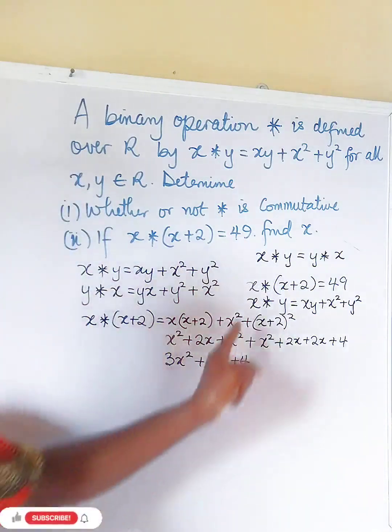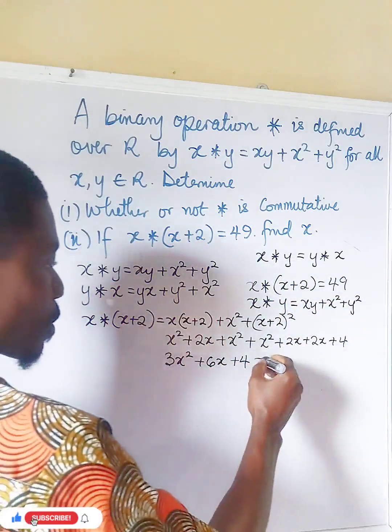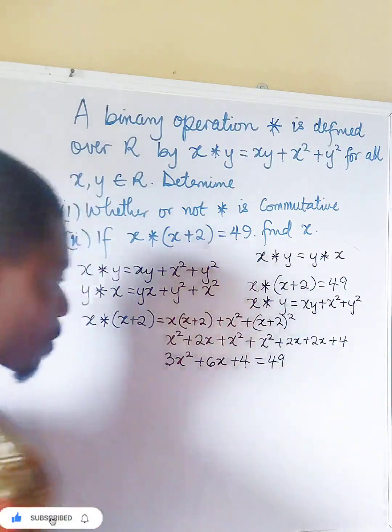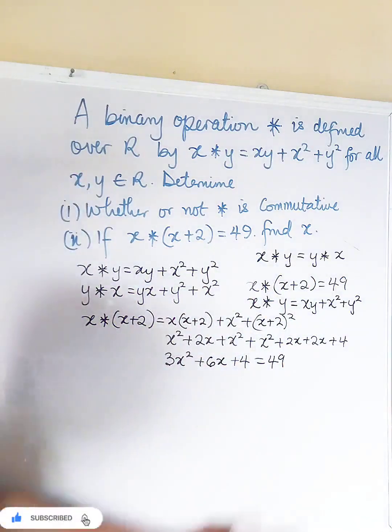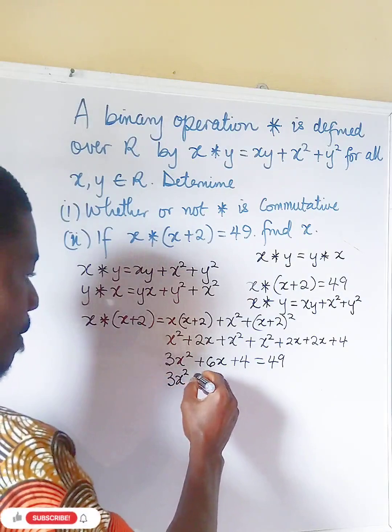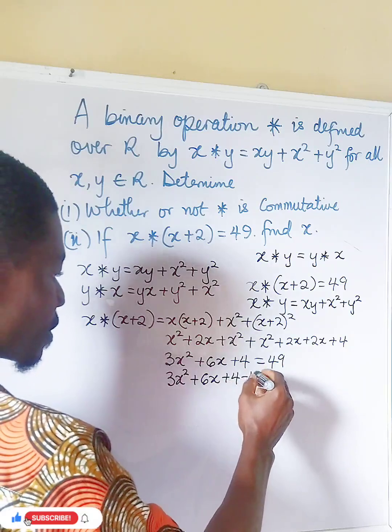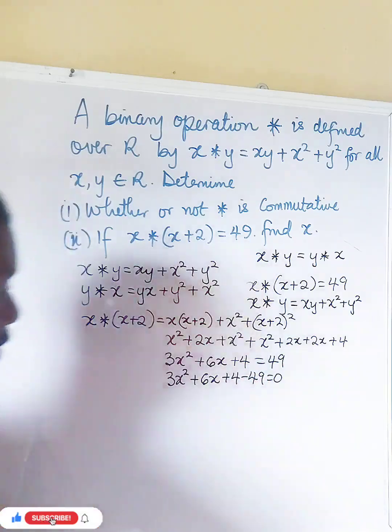Now take note that the whole of this operation gives you 49. So that will be equal to 49. Okay, so let's bring 49 over to the left hand side. So here you have 3x squared plus 6x plus 4 minus 49, all equals 0.